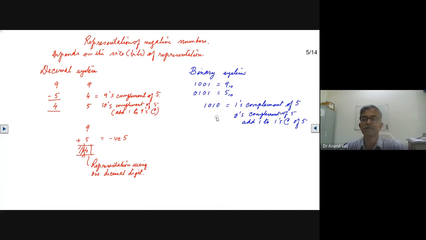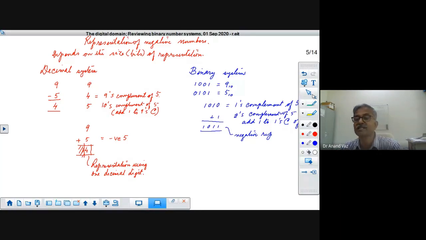So if you add 1, you get 1, 1, 0, 1. So this is actually the negative representation of 5 in 4 bits. I would say rather it's a representation of -5. That would be more meaningful.